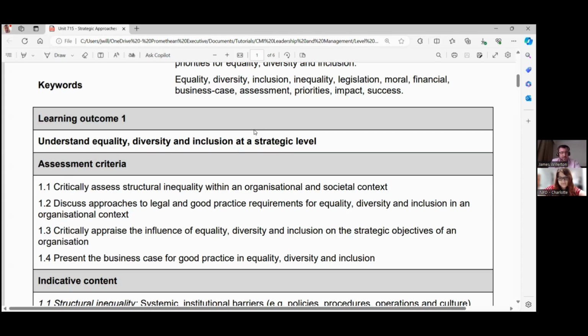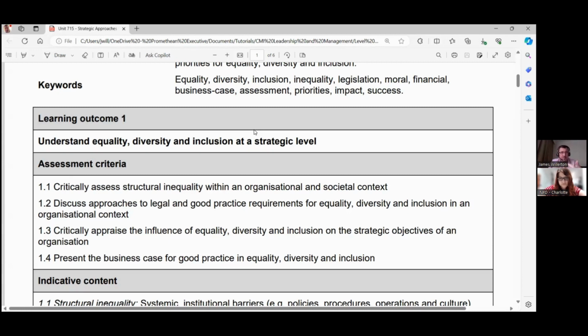Now, to critically assess, a good question to ask yourself is whether the data is suggesting structural inequality in the way you've suggested, or could the data be suggesting something else is going on? What else could be driving that outcome other than structural inequality? That's where the critical assessment really comes into play.